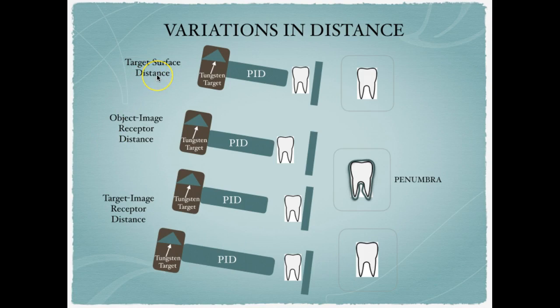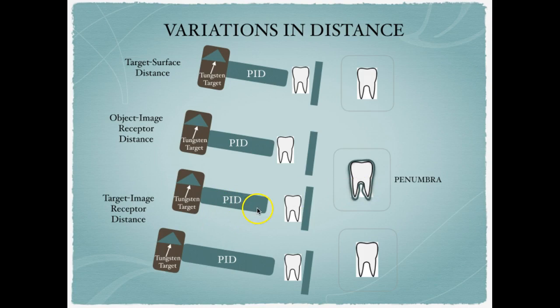So we have variations in distance called target surface distance, which is the ideal, and that target surface distance is really represented by the length of the PID. We have object image receptor distance, where if your object is too far away from your image receptor, it could result in a penumbra, or a blurry, fuzzy outline of the image.